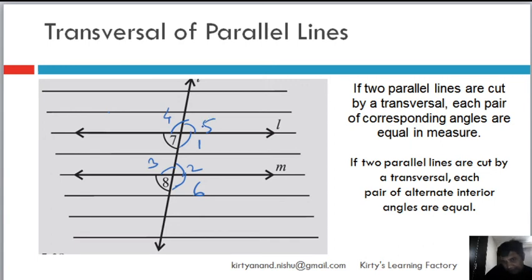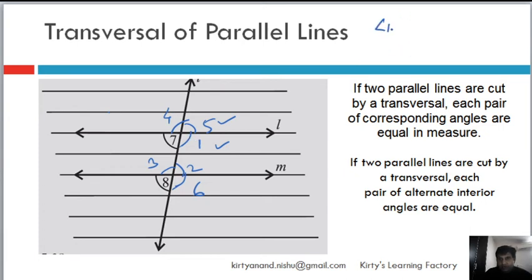So let's do a little bit of proof. Angle 5 and angle 1 together will be 180 because it is a straight line, and the angle around a point on a straight line is 180 degrees. We learnt it. It is a linear pair. 1 and 5 is a linear pair.